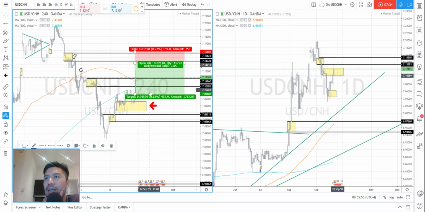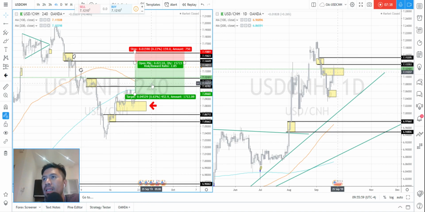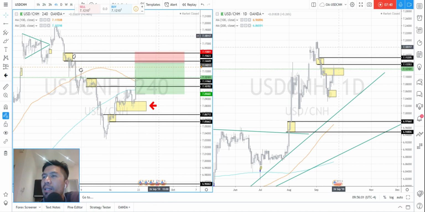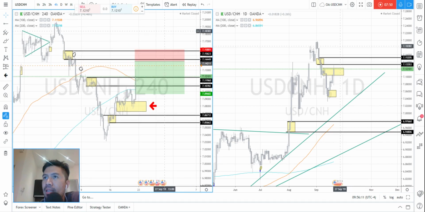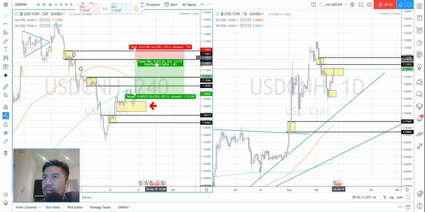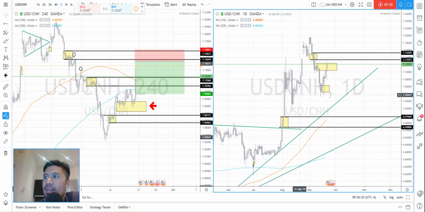So yeah, it's up to you if your risk level accepts this risk and reward. Okay, but again, the risk is a bit high because of the trend. It should go up.